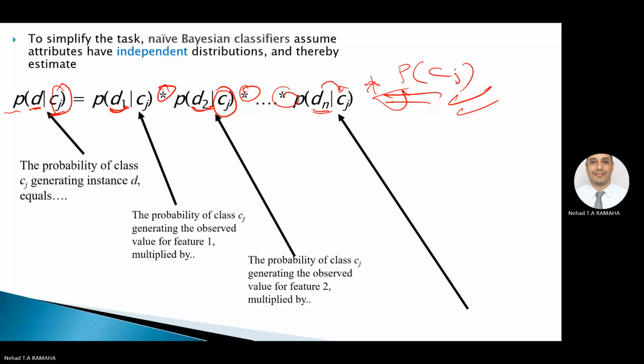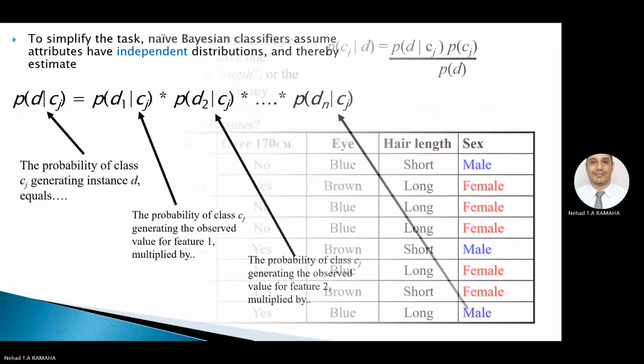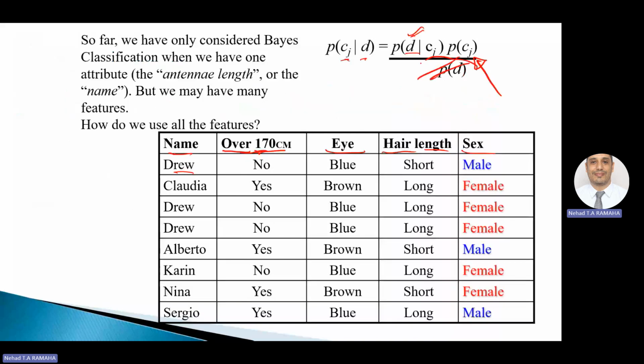Why? Because this comes from the general rule. This one, we remove the down one. Yes? So the probability of D1, D2, D3, D4, D5 with the same category multiplied by the probability of the category. So it comes from this general rule.